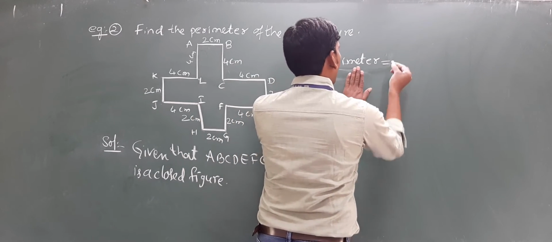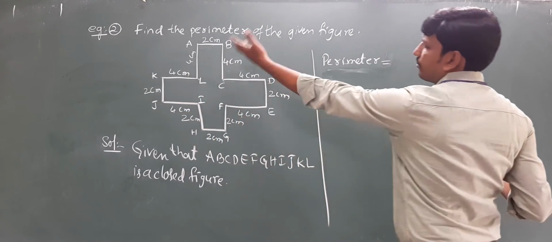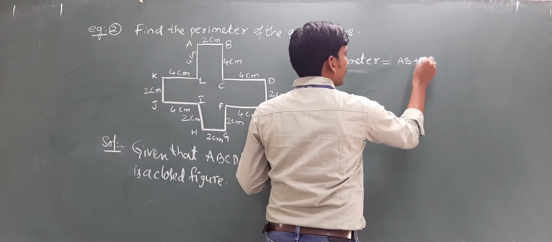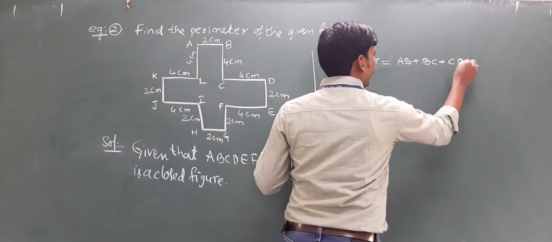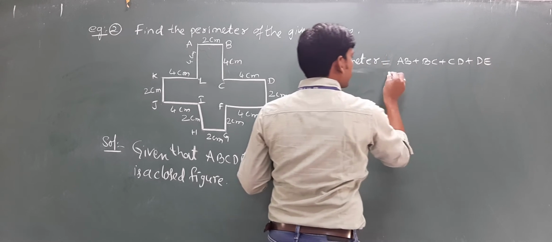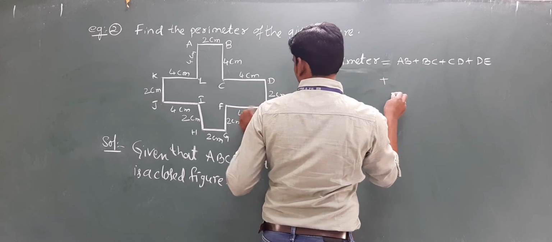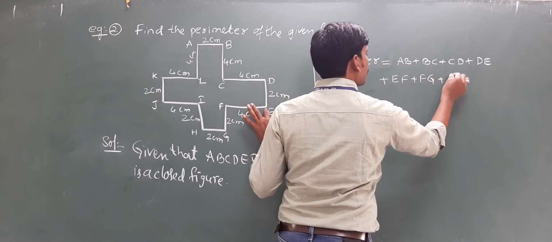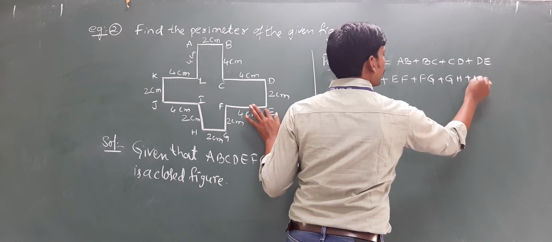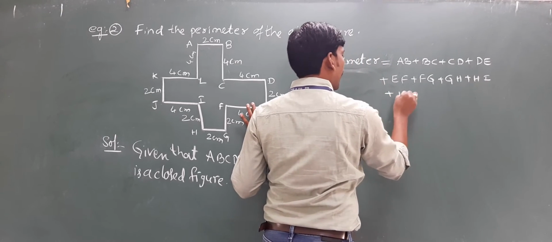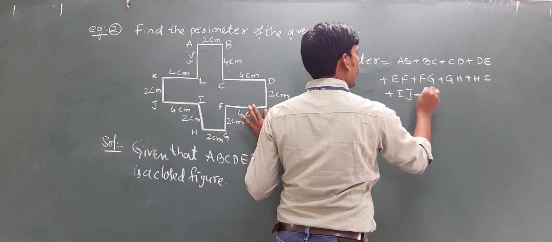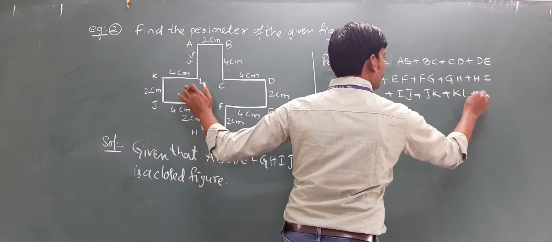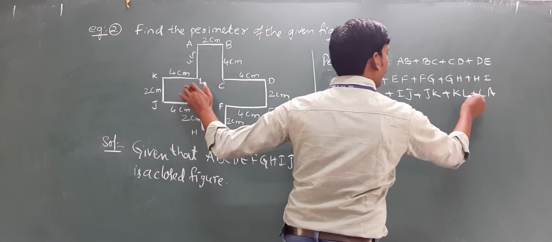what is that? By adding all the sides of this figure, that is AB plus BC plus CD plus DE, then EF plus FG plus GH plus HI plus IJ plus JK plus KL, plus again we reach LA.